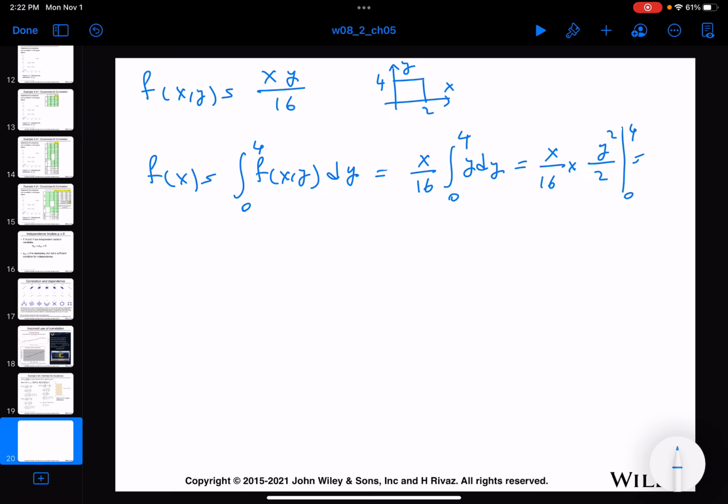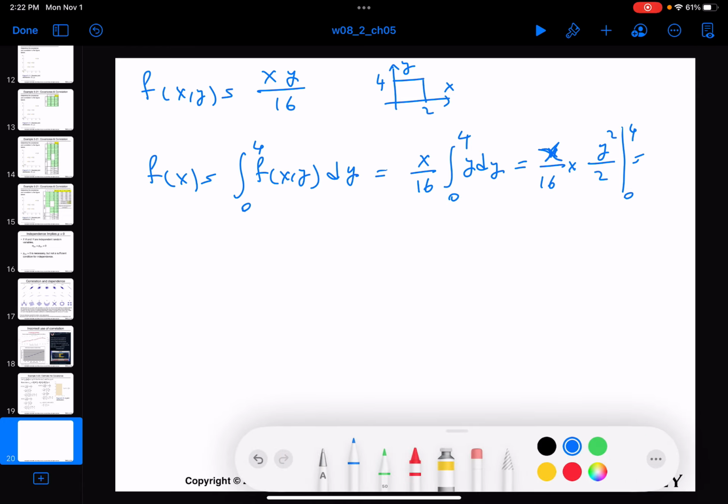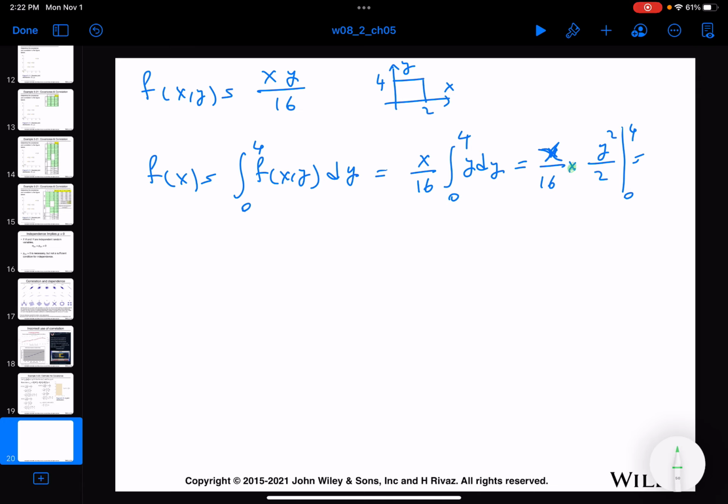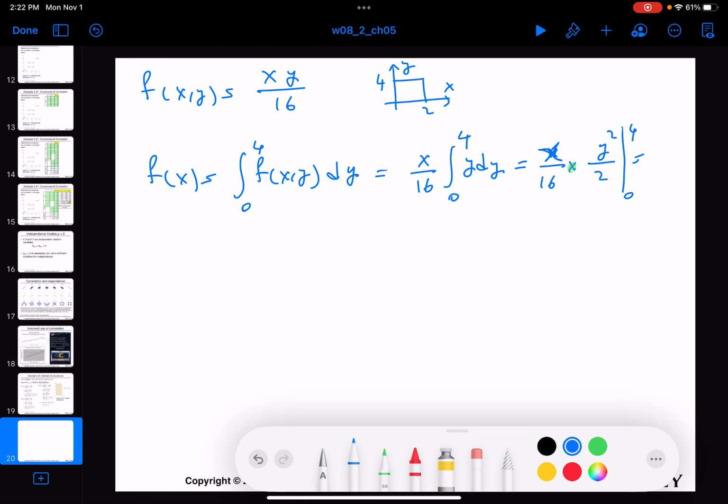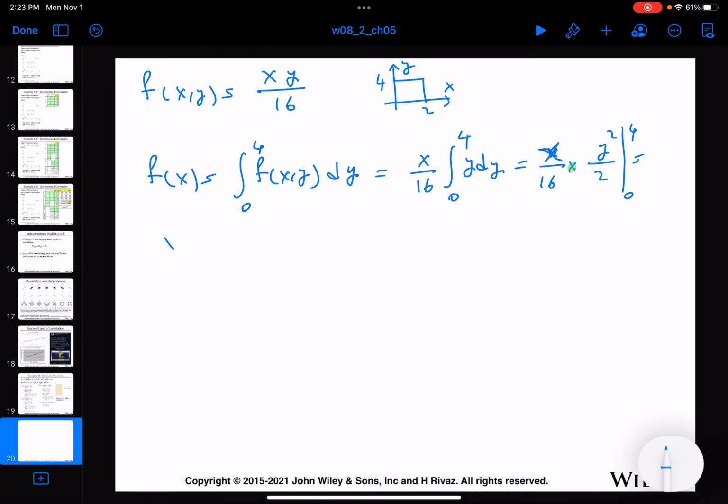So that is going to be x divided by 16 times, and y is 4 squared, which is 16, times 8, and that's x divided by 2.